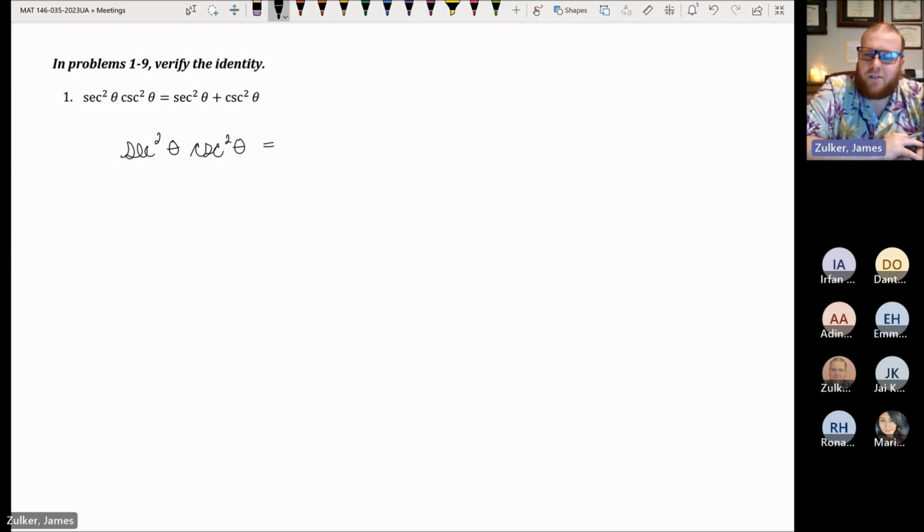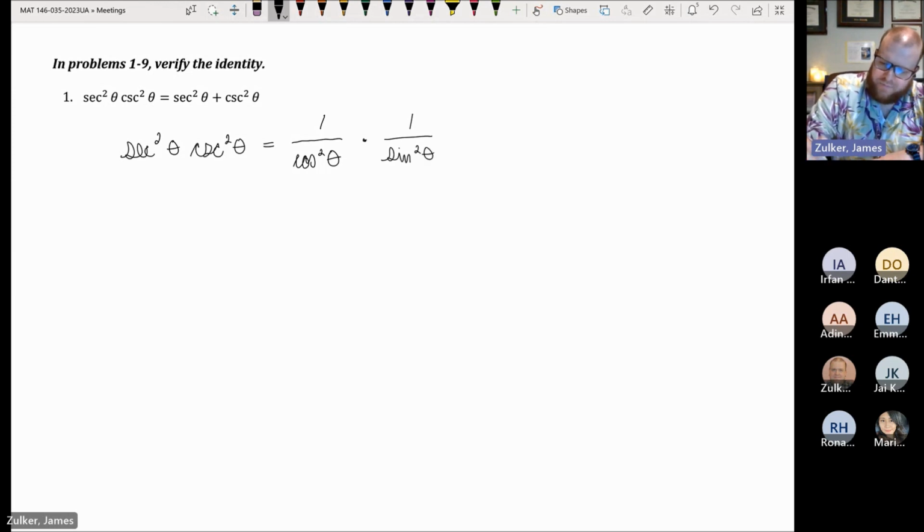Secant squared. So secant we can write as 1 over cosine, which means secant squared would be 1 over cosine squared. And since cosecant is 1 over sine, we can write cosecant squared as 1 over sine squared. Now how do we take the product of fractions?